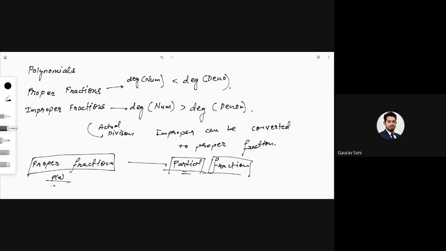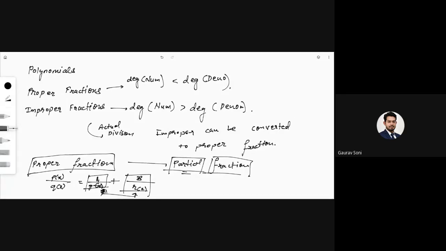It is a proper fraction, and I want to write it down as the sum of small fractions: 1 upon something, a upon something, b upon something, say g of x and r of x. So this proper fraction I have written as the sum of some small fractions.